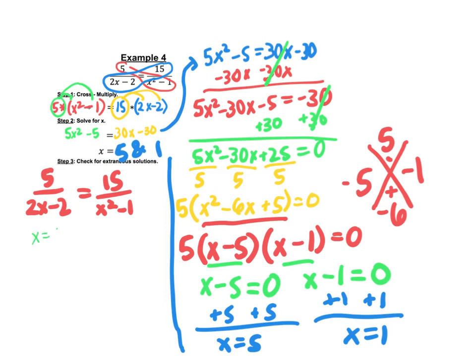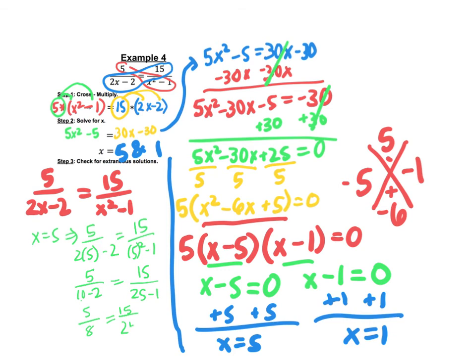So x equals 5 tells me that 5 over 2 times 5 minus 2 equals 15 over 5 squared minus 1. Well, that's the same as 5 over 2 times 5 gives me 10 minus 2, and 15 over 5 squared gives me 25 minus 1. So that would be 5 over 10 minus 2 is 8, and 15 divided by 24.